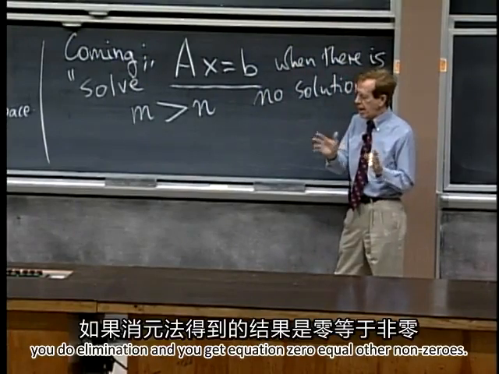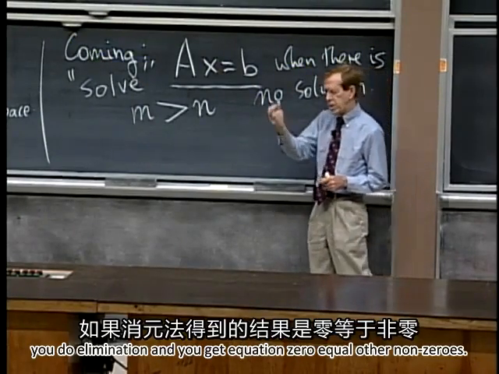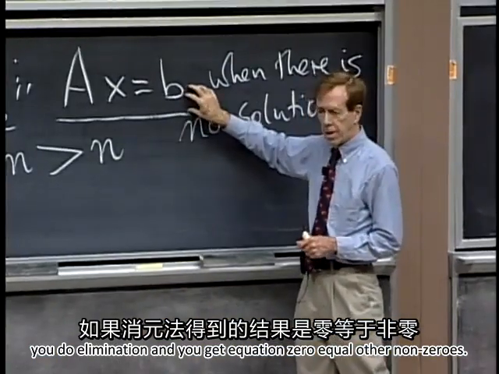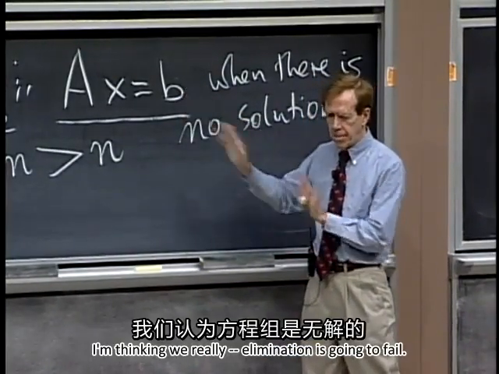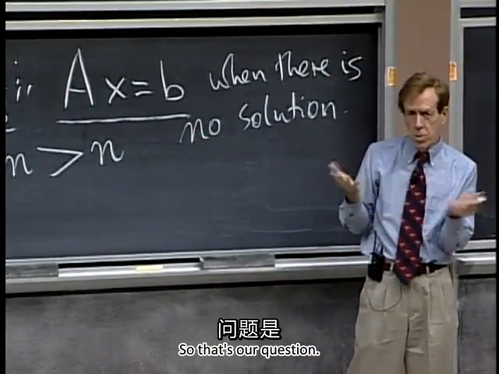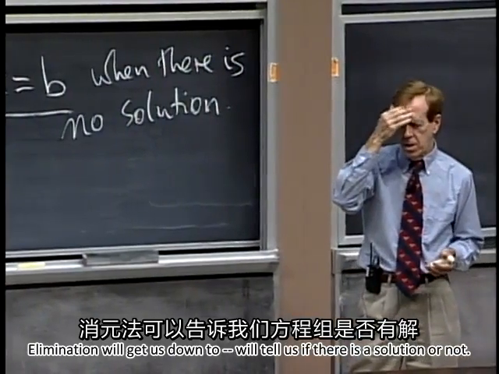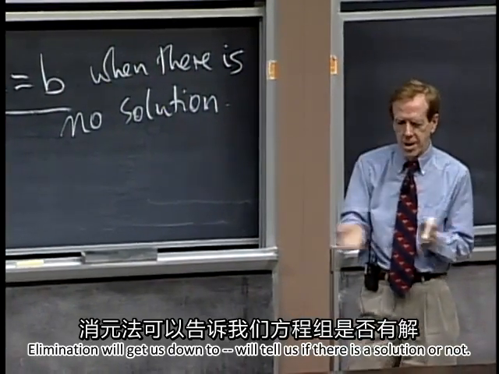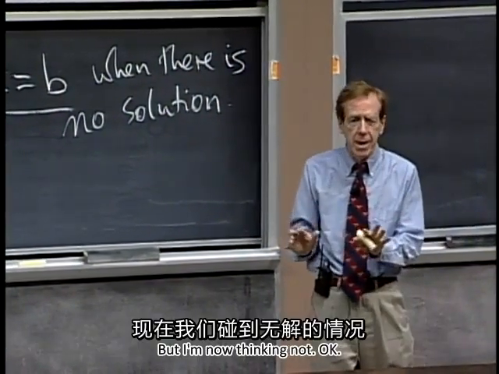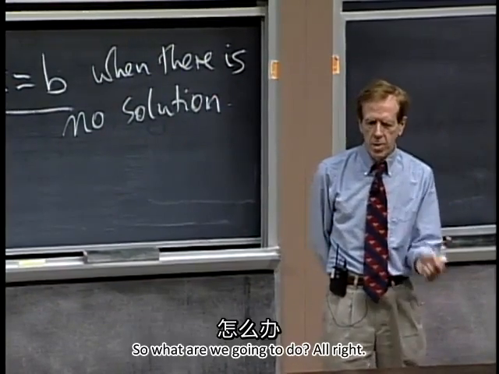But I'm thinking, hey, you do elimination, and you get equations 0 equal other non-zeros. I'm thinking elimination is going to fail. So that's our question. Elimination will tell us if there is a solution or not, but I'm now thinking not. Okay, so what are we going to do?